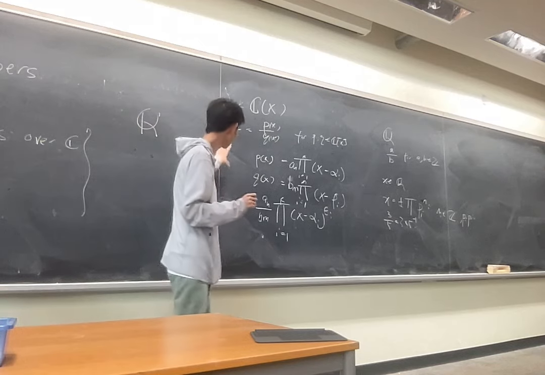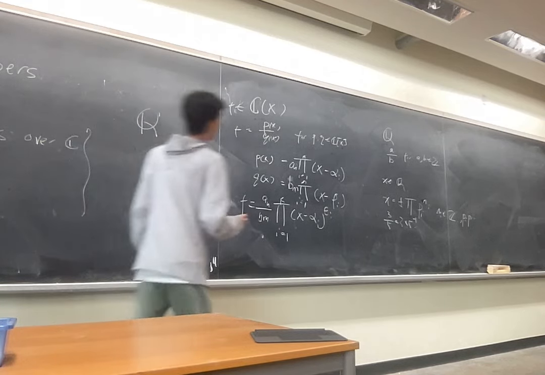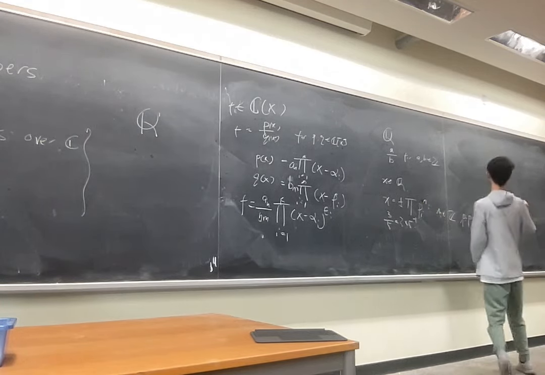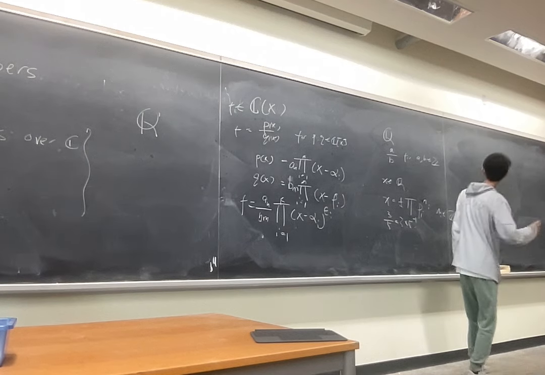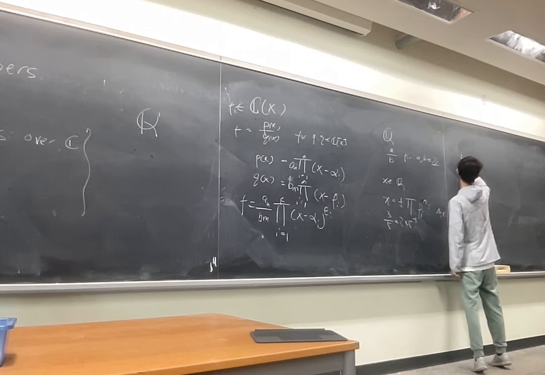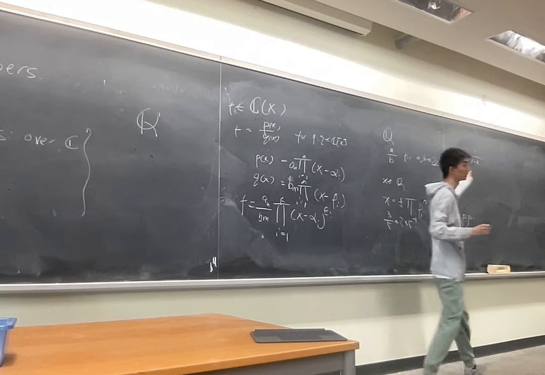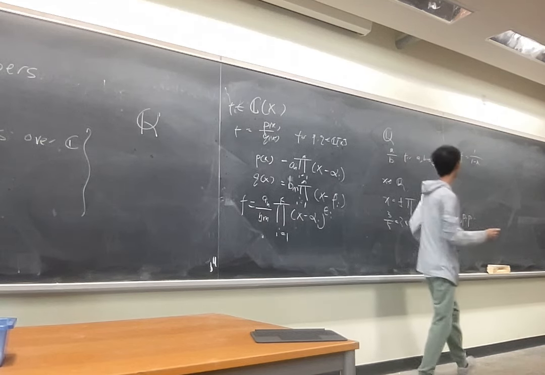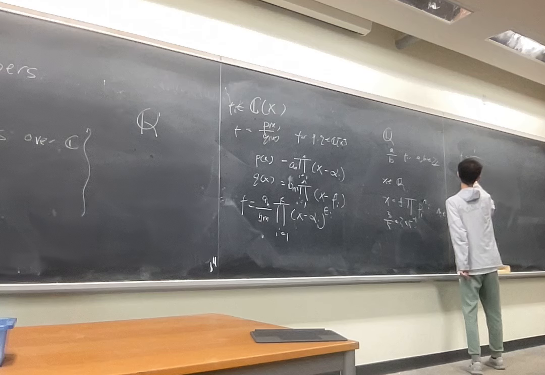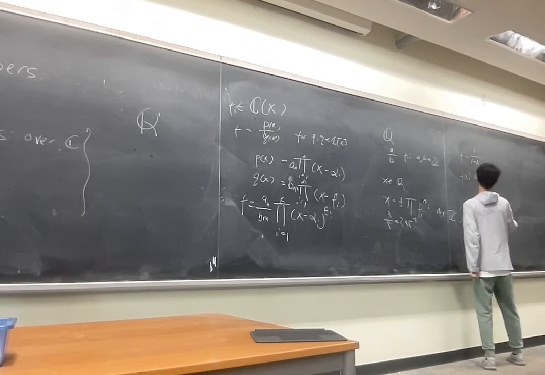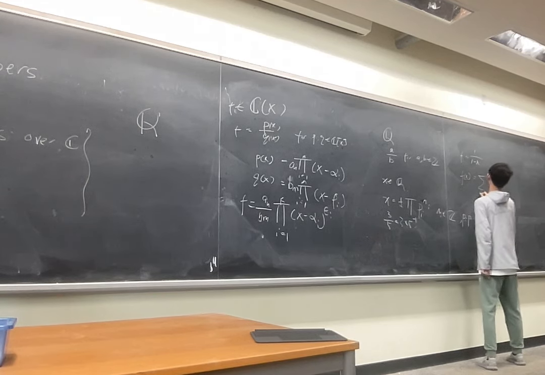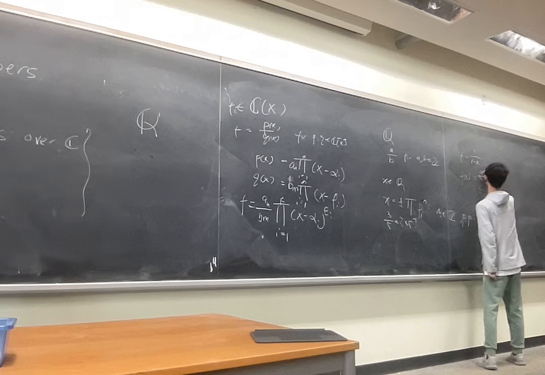We can, for example, consider functions, and we can consider the Taylor expansion at 0, for example. Right? We can consider the Taylor expansion, where i runs from 0 to infinity.